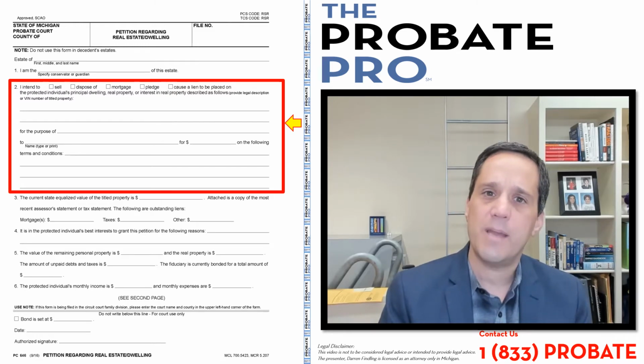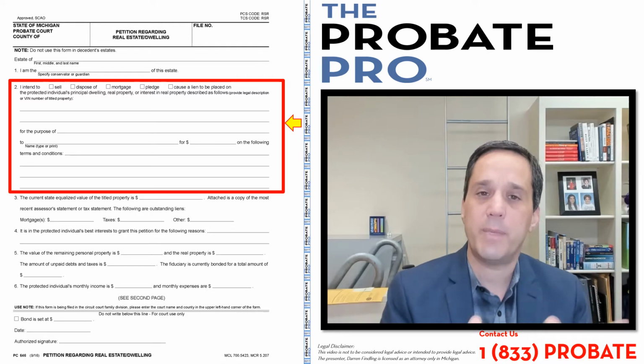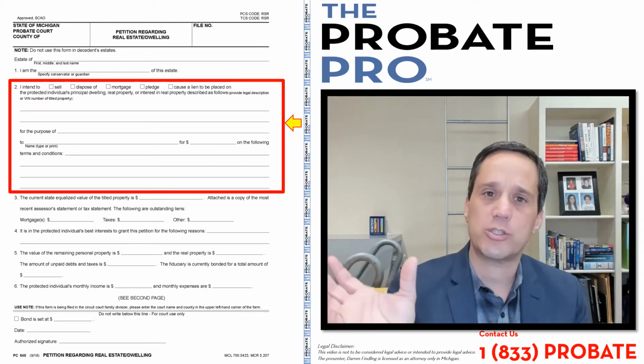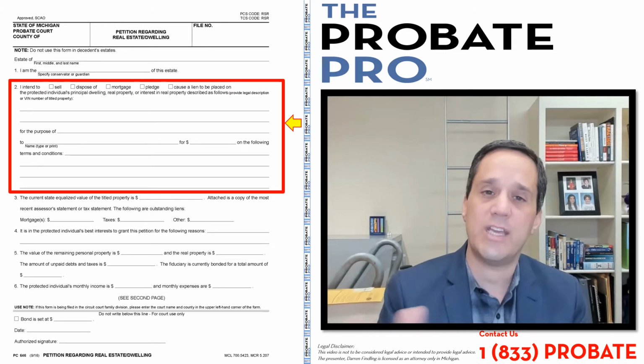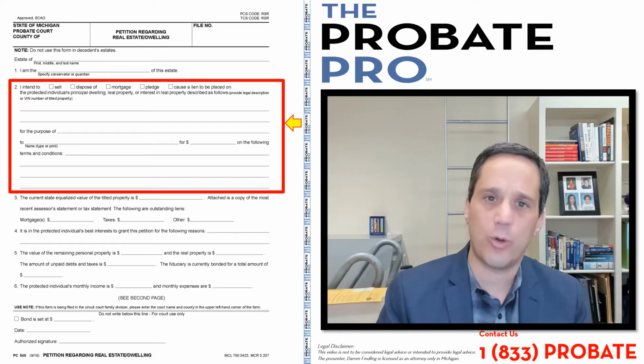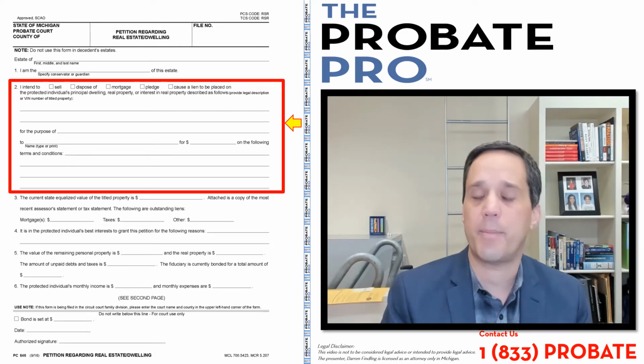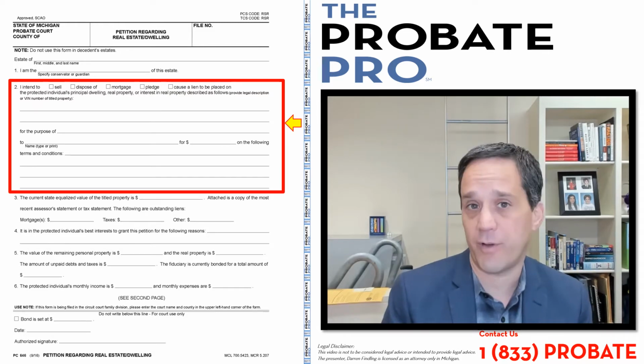And if it is a manufactured or mobile home, you'd identify the vehicle identification number, because with those types of assets, they are registered through the Secretary of State rather than the Register of Deeds. So you need to go back to an old deed or old mortgage to identify the legal description of the real estate upon which you're asking the court to be involved.